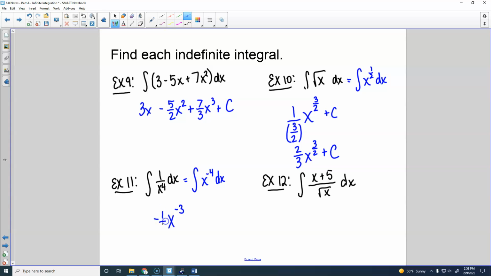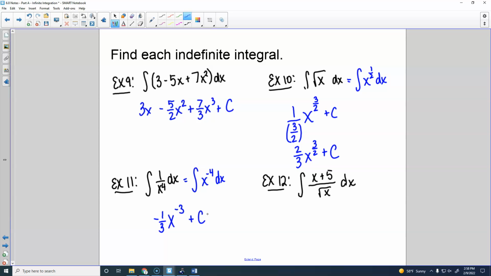I think that'll work. Yeah, because when you multiply it out, -1/3 times -3 would give you the +1, and then you just decrease your exponent by 1 would give you -4. So that works fine. Plus c there. They might move that 3 back down to the denominator. It's fine. All right, any ideas on what to do for number 12?